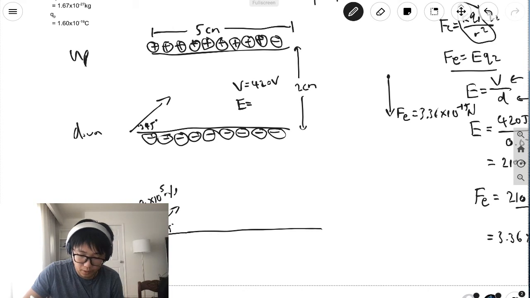But if you do it the proper way, it's not too hard either, because cos 45 and sine 45 are the same thing. So I will do it the long way, and if you can do it the short way, you can do that.